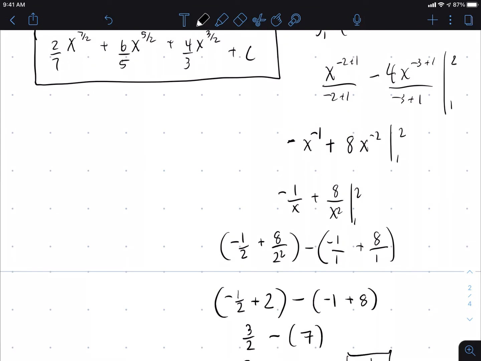Oh, you know what? I'm silly, and you guys didn't catch my arithmetic. What's this? Negative 2. So why didn't I just go 4 divided by negative 2?